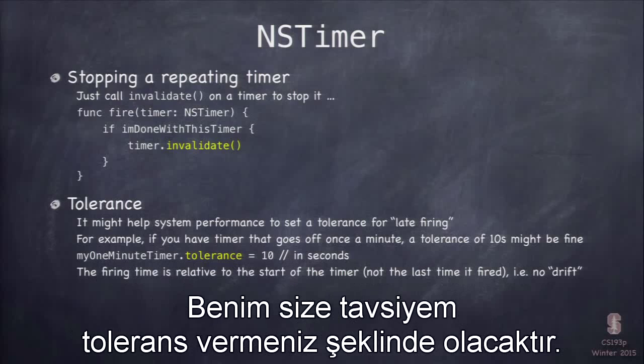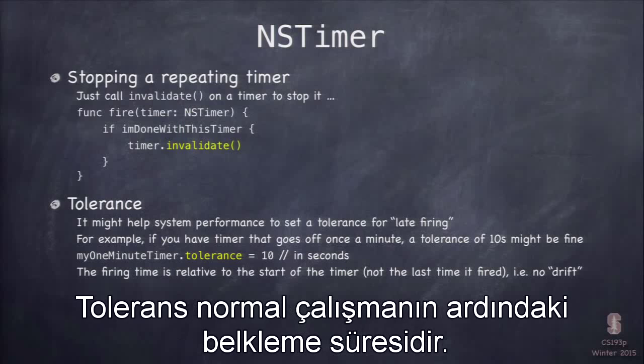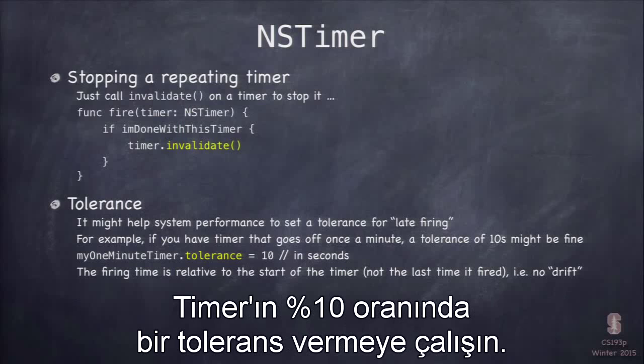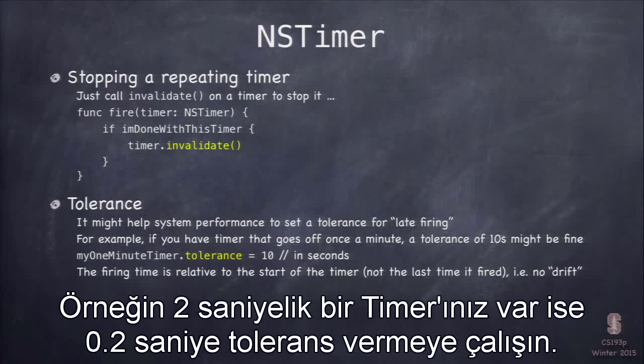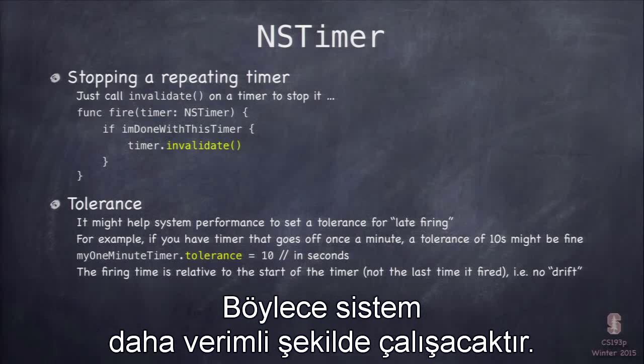So my strong recommendation is try to give a tolerance. The tolerance is just a number of seconds that you're willing to wait after it would normally fire. Try to give a tolerance of maybe 10% of your timer. So if you have a 2-second timer, give it a tolerance of 0.2 seconds or something like that. It'll let the system pick a more efficient time to run.